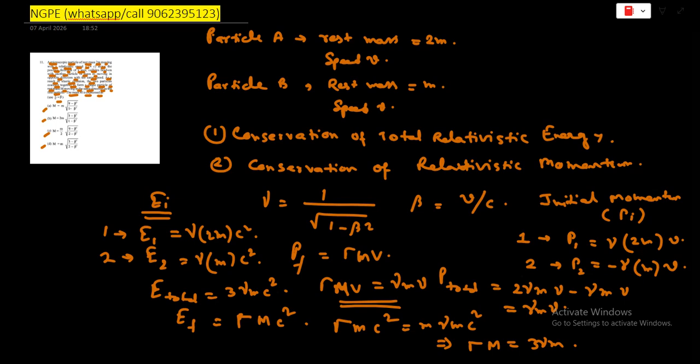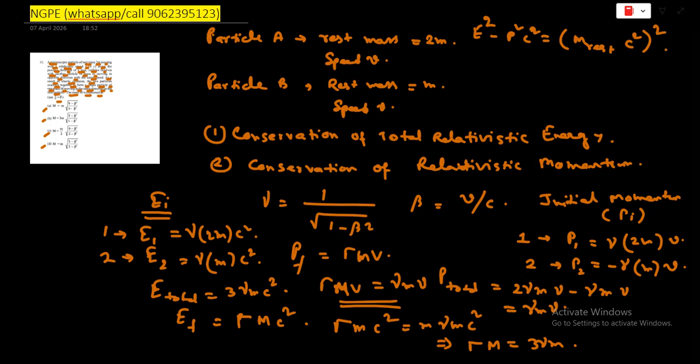So we have two equations now, but we want capital M and that final velocity V, right? So let's use the relativistic invariant. We get E square minus P square c square equals capital M square c to the power 4.